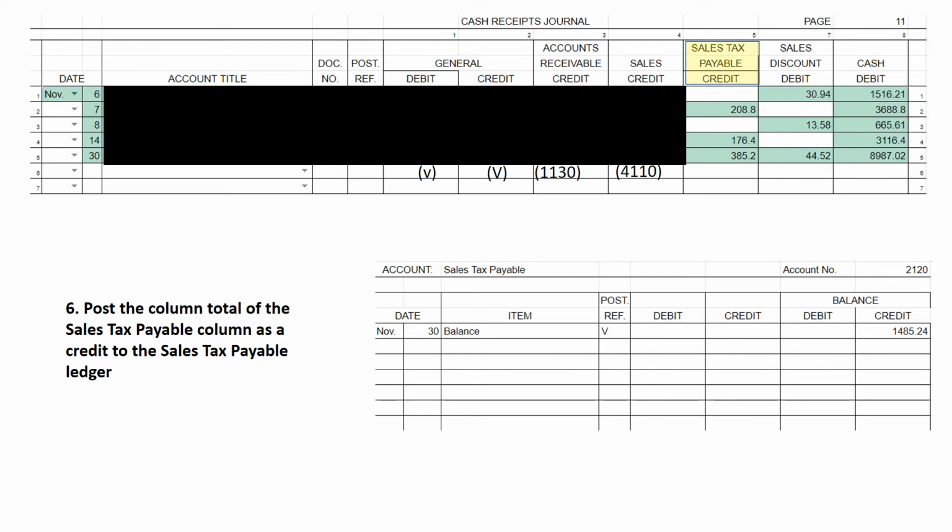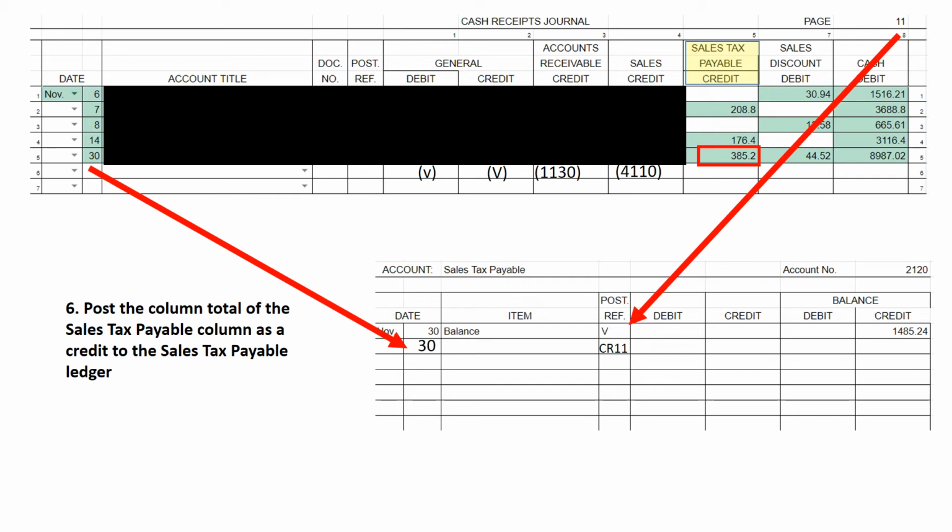Continuing along to our sixth step, we have our sales tax payable, again following the same process here. Sales tax payable credit is what this is, so we need to pull up the sales tax payable ledger. That $385.20 is a credit because the yellow box tells me it is, and so I'm going to take that 30, which is the date we totaled it up. My post reference is cash receipts journal page 11. I have a $385.20 credit, so I'm going to put that there.